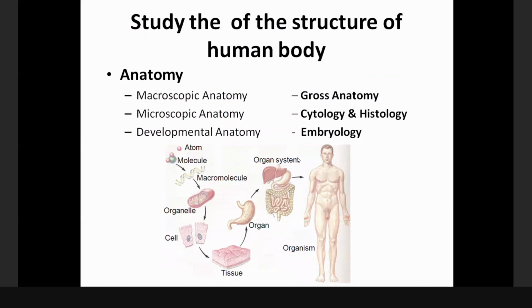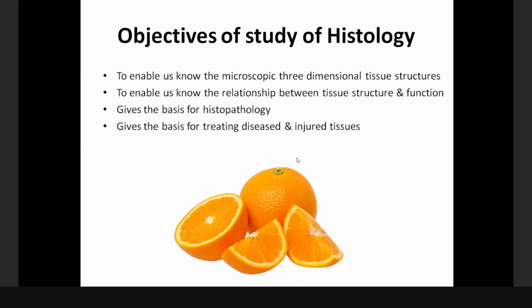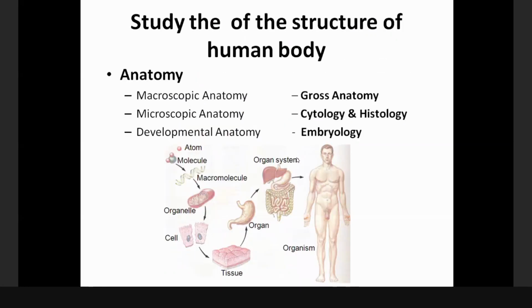My second slide is to show you or remind you the units of measurement we frequently use in histology. Oh, sorry, that's not the slide I wanted. Before that, let me tell you a little bit about the divisions of anatomy. Histology itself is a branch of anatomy where we have under anatomy 3 divisions. The first one is macroscopic anatomy or gross anatomy.